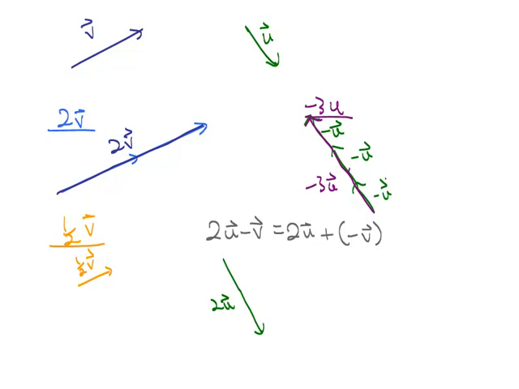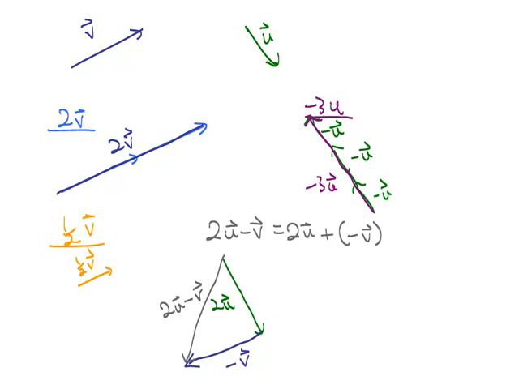I'm going to add to that a negative v. Now v goes this way, so I'm going to have to send that in the opposite direction. So here is negative v. And now we're going to have 2u minus v. It's going to be this vector right here. That's 2u minus v, or 2u plus a negative v.